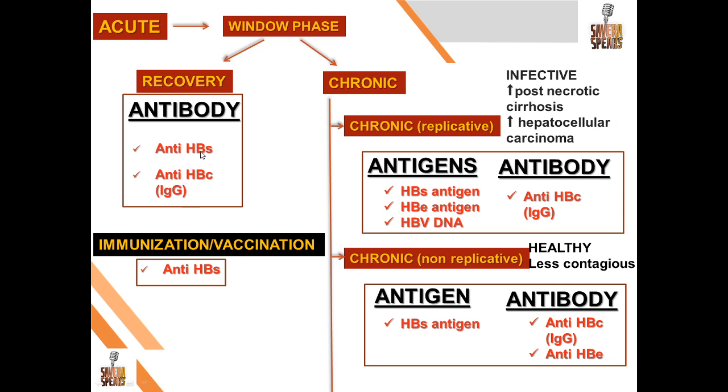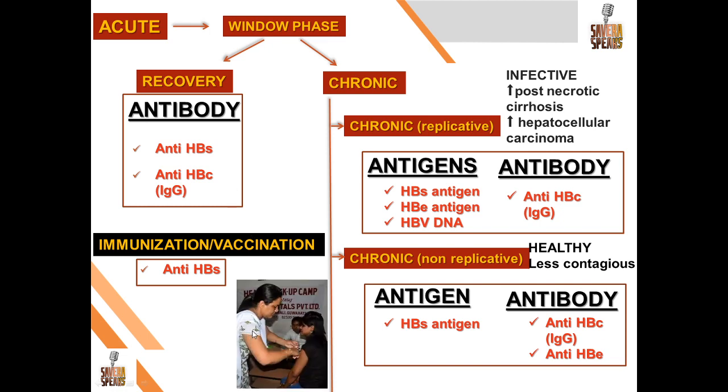This is the difference between a patient recovered from the virus and vaccination, because during vaccination we inject only HBs antigen in the body, so our body produces the antibody against this antigen only. So there will be only anti-HBs in the vaccination. So this is the serology and diagnosis for the hepatitis B virus.